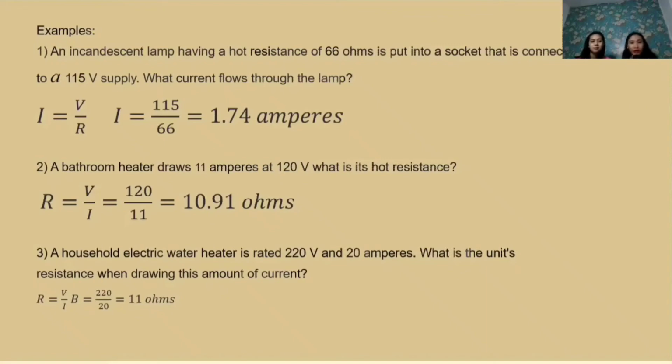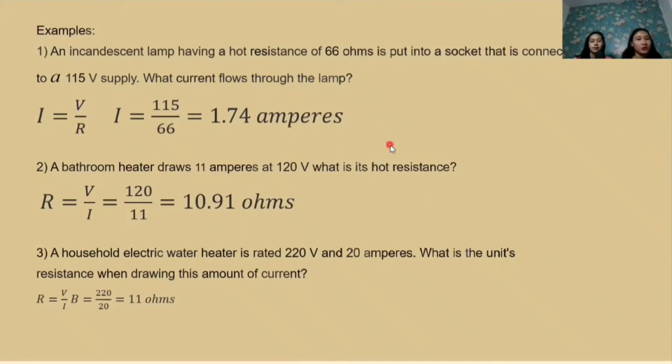So to get the current, as we've shown to you earlier, the formula is I equals voltage over resistance. The value of voltage here is 115 and the value of resistance is 66. If you divide it, you're going to have 1.74 amperes.